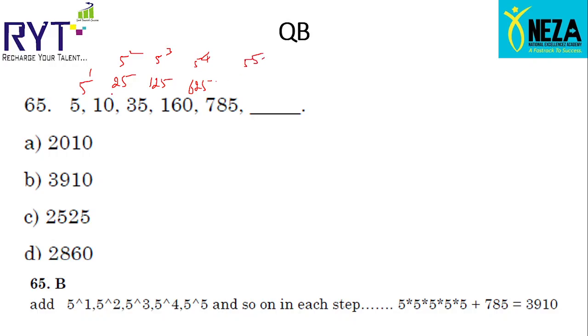That is, if I multiply each difference with 5, so 5 to the power of 5, I get this 25. When I look at this, I have 625, right? So 5 into 625 is definitely more than 3000. 5 into 625, so 3125 it will be.